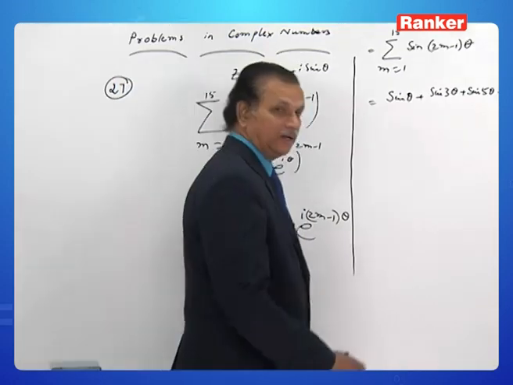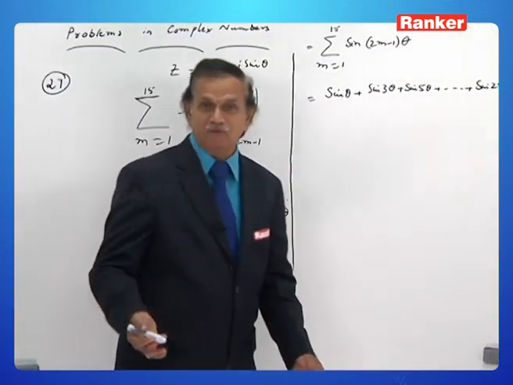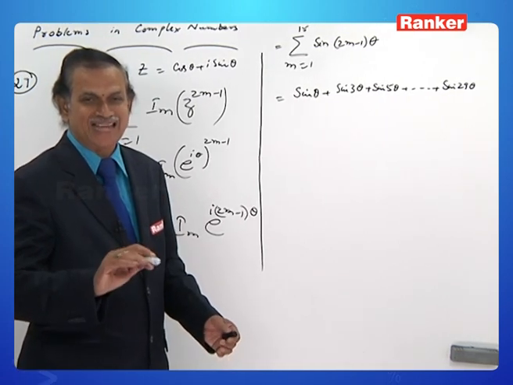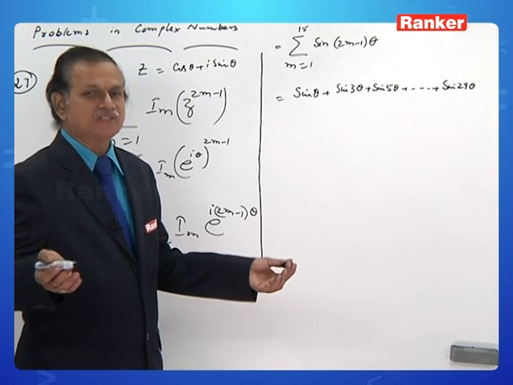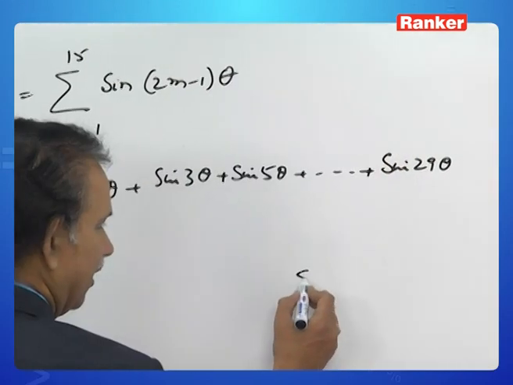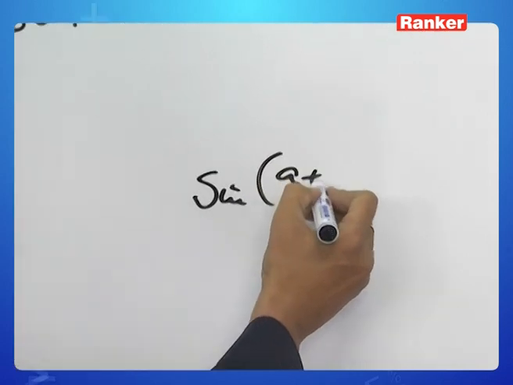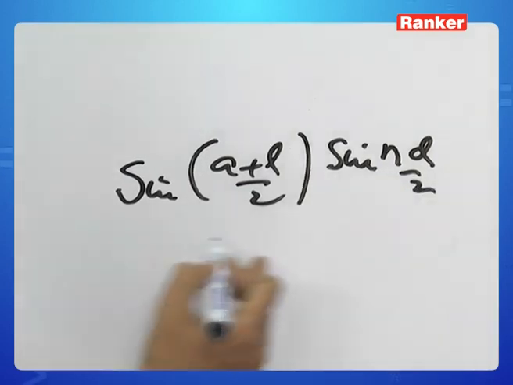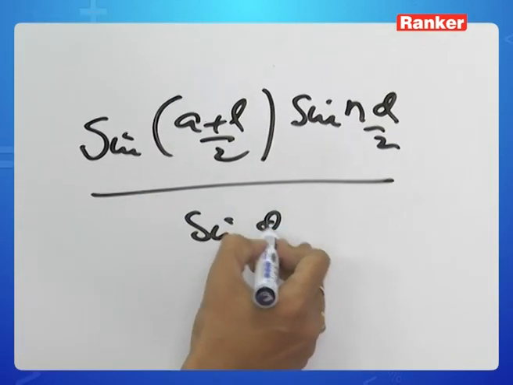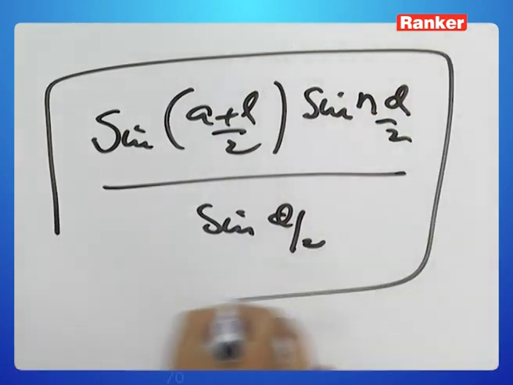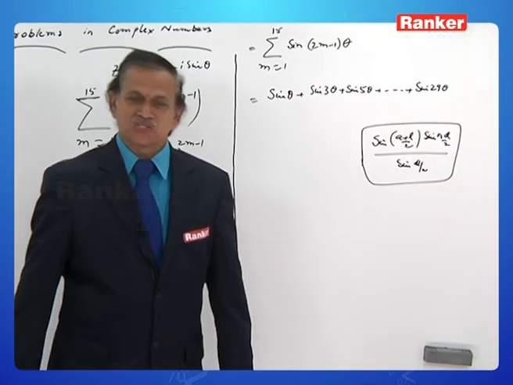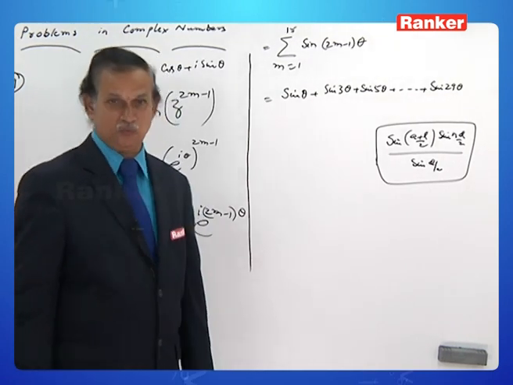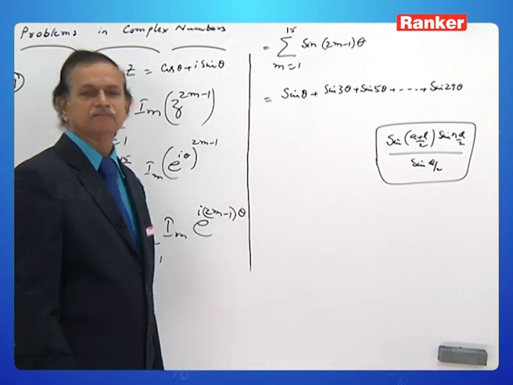That is the formula. Let us recall it: sin a plus sin (a plus d) plus sin (a plus 2d) plus sin (a plus 3d), like that. If you have a sum like that, it is sin of (first plus last) by 2 into sin of n d by 2 by sin d by 2. You please recollect this formula. It is used in the summation of series involving trigonometric functions, provided the angles are in AP.